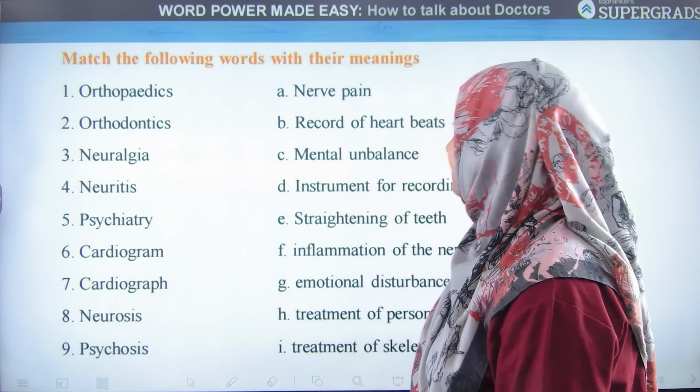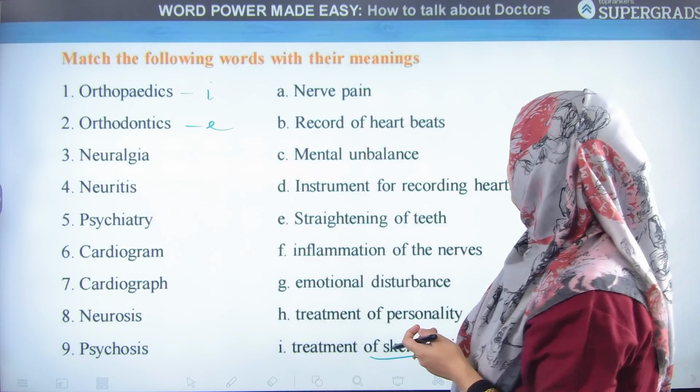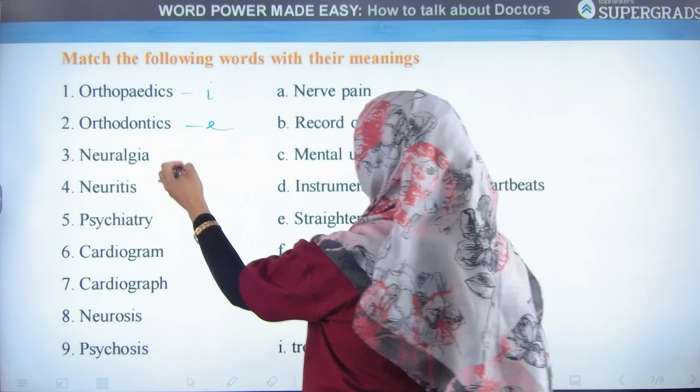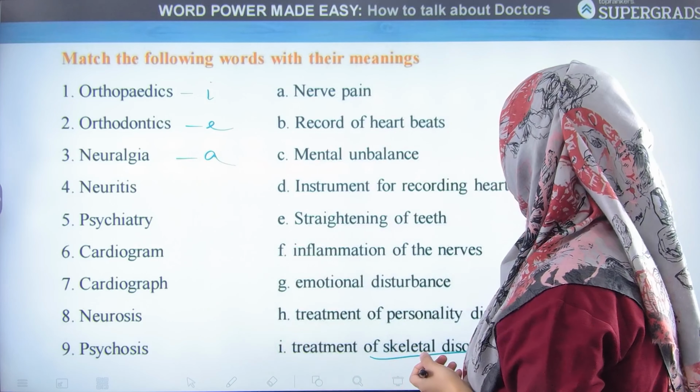Orthopedics. Orthopedics, we all know, is handling bone related issues. Treatment of skeletal disorders. So it would be I. Orthodontics, straightening of teeth. There we go, E. Neuralgia, pain in nerves, nerve pain. Neuritis, inflammation of nerves.